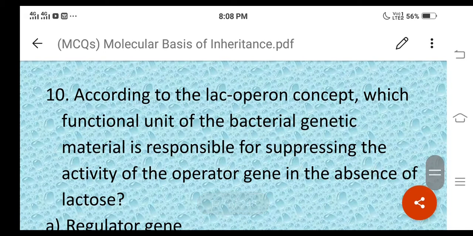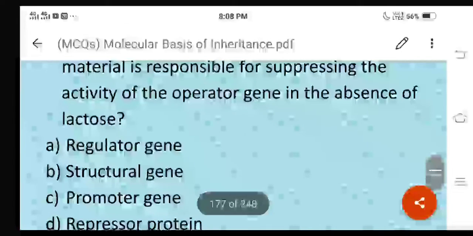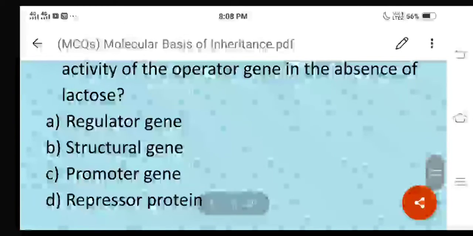And the 10th question. According to the lac operon concept, which functional unit of the bacterial genetic material is responsible for suppressing the activity of the operator gene in the absence of lactose? The options are: A, regulator gene, structural gene, promoter gene, and repressor protein.